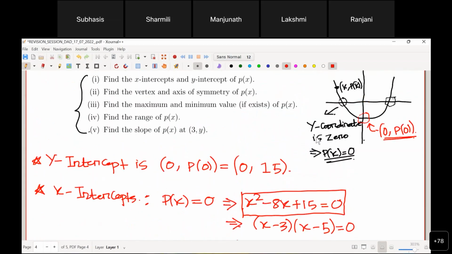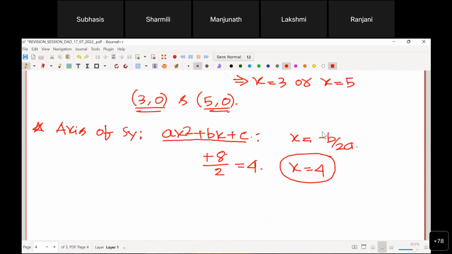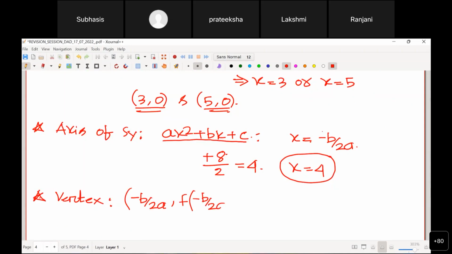Okay, then what about the vertex? 4 comma minus 1. Correct. The coordinate of the vertex is minus b by 2a and f of minus b by 2a. We have already computed minus b by 2a, which is 4.